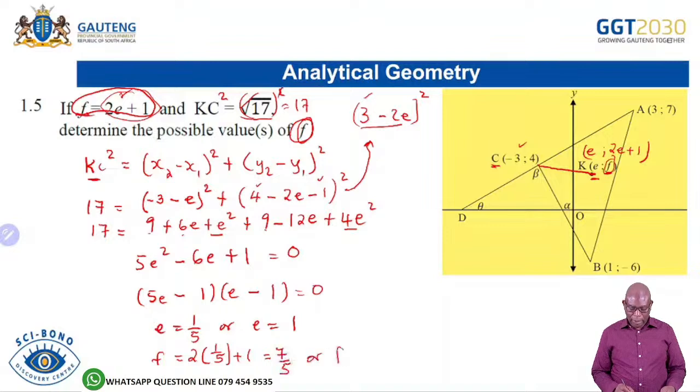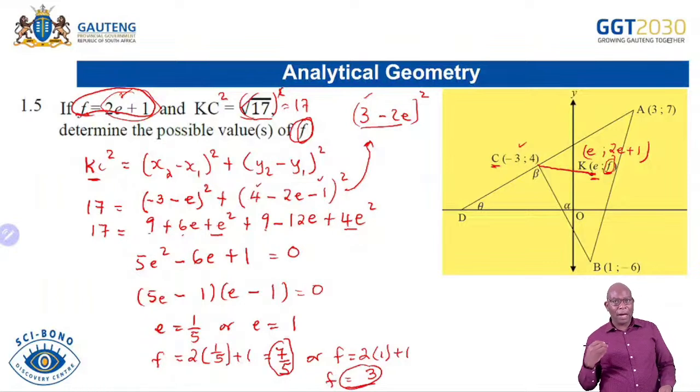Or f will be equal to 2 times 1 plus 1, and that answer will give me a 3. So can you see the two values of f are positive? Remember in the question it was said that E and F are positive.